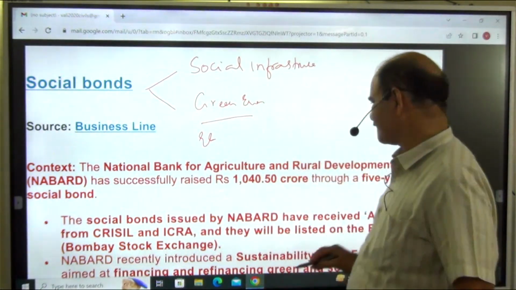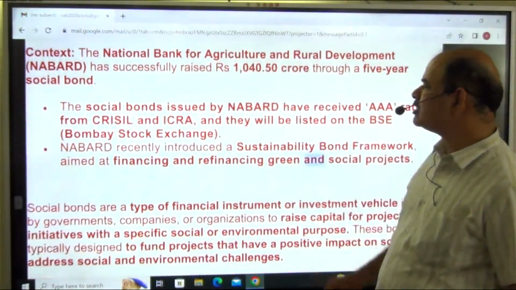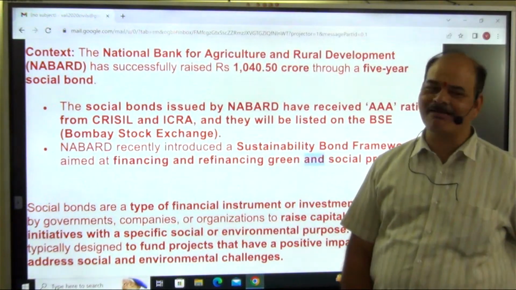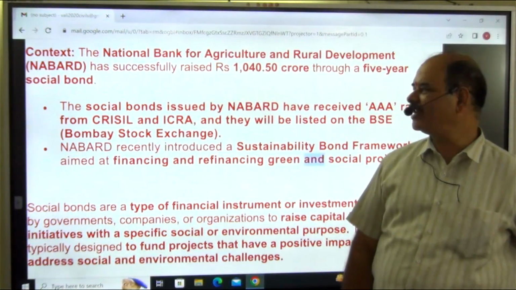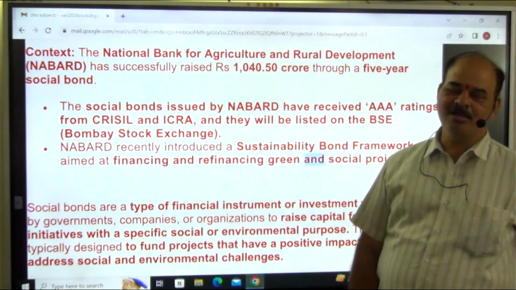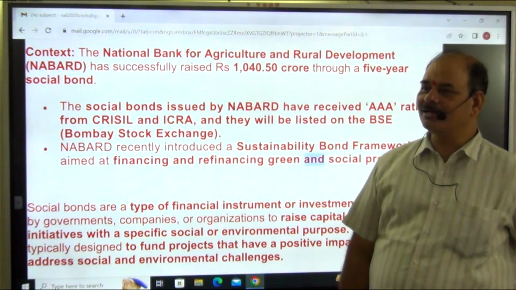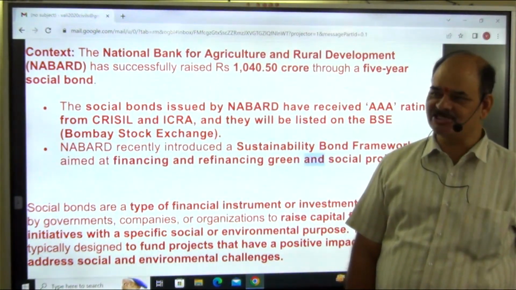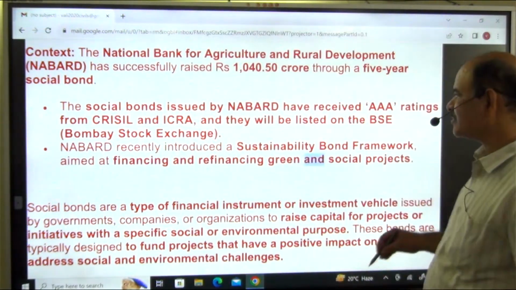Now, the social bonds issued by NABARD have received AAA ratings from CRISIL and ICRA. They are the rating agencies. CRISIL, ICRA are the indigenous rating agencies, and at international level you have rating agencies like Moody's, Fitch, S&P, Standard & Poor, etc.